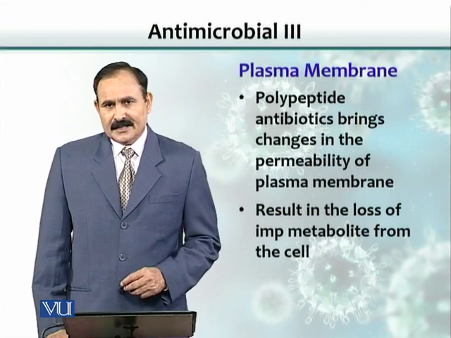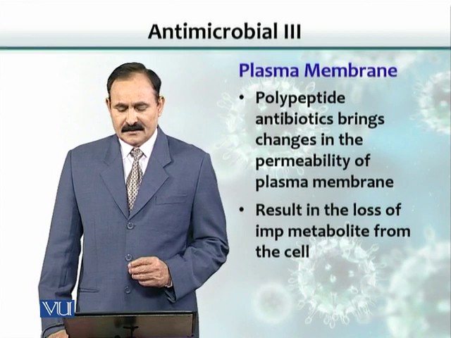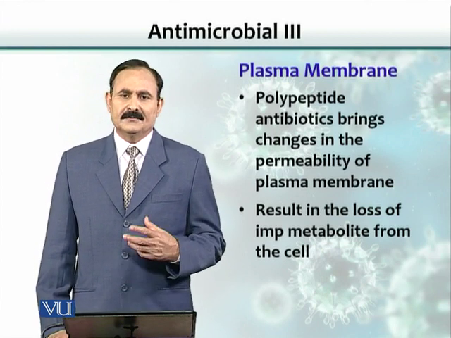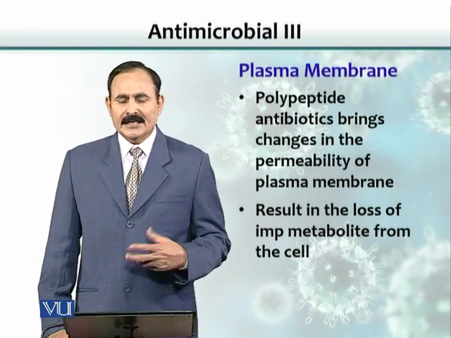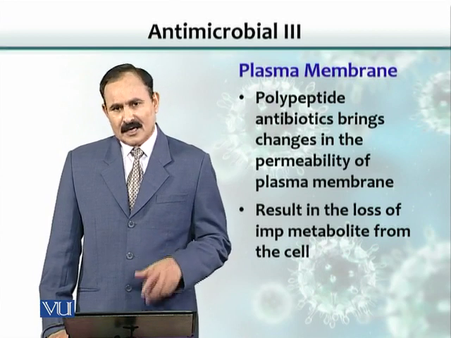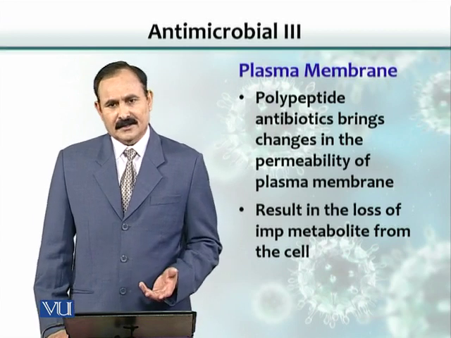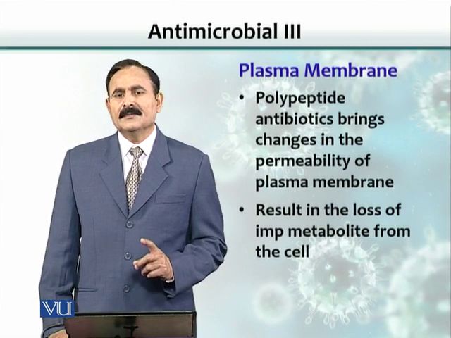There are other drugs that target the plasma membrane. For example, polypeptide antibiotics bring changes in the permeability of the membrane. When the permeability of the membrane changes, the cell can leak its contents out into the environment, or water can enter into the cell. So the result is death of the cell. Such antibiotics must be bactericidal.